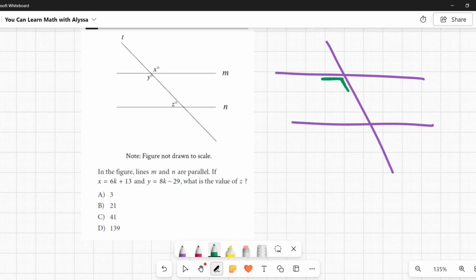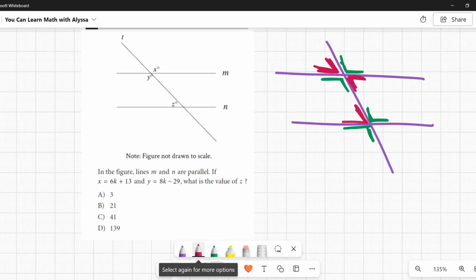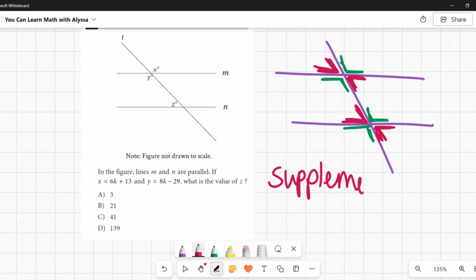All these that I'm highlighting in green here are matching, and all these that I'm doing in red also match. So all the green match each other and all the red match each other. And the reds and greens are always supplemental, so any green plus any red will add up to 180 degrees.